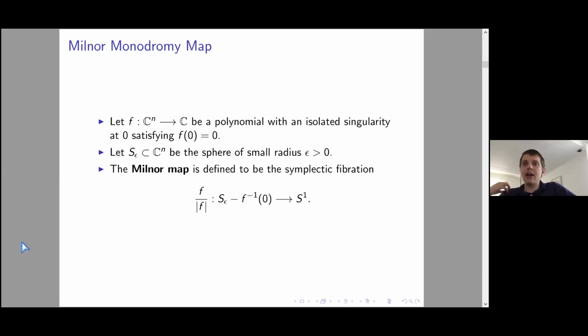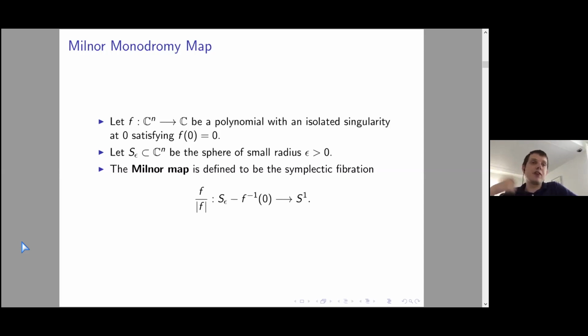And then I have the Milnor map, and this is the following fibration. I just take the argument of F and map it to the circle. And this is a fibration away from F inverse of 0. And it's a symplectic fibration. There's a symplectic structure on the fibers. You just take the standard symplectic structure on C^n and restrict it to the fibers.